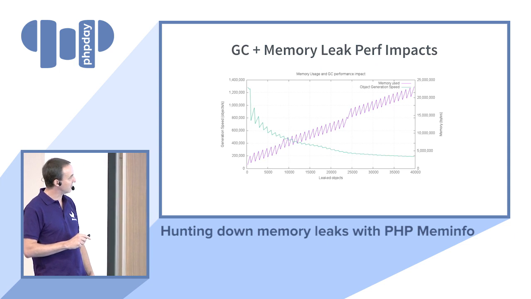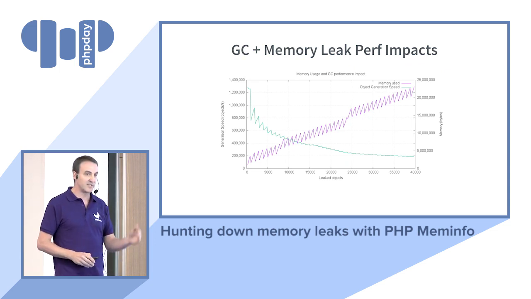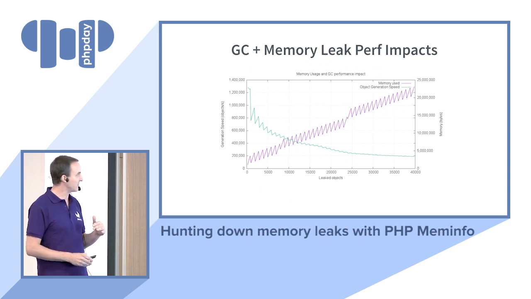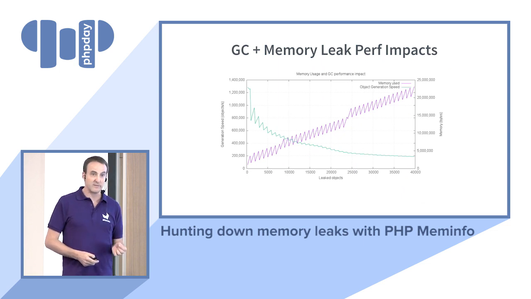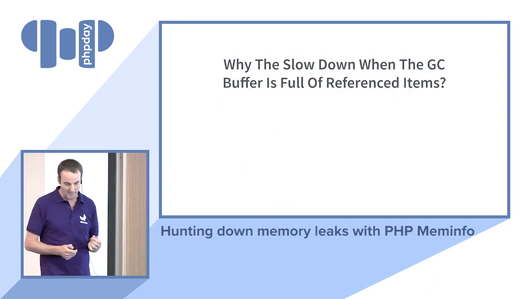I start out at 1.3 million objects generated per second and drop to 200,000. So I divided the performance of my program by 6 during the memory leak. And you can see that my memory is increasing a lot. So there's a big impact in terms of performance when you have a memory leak.